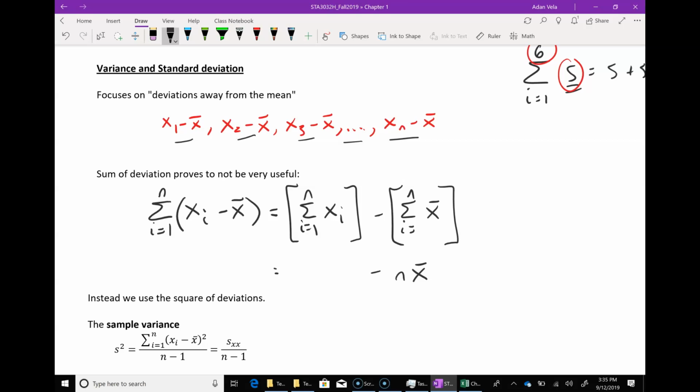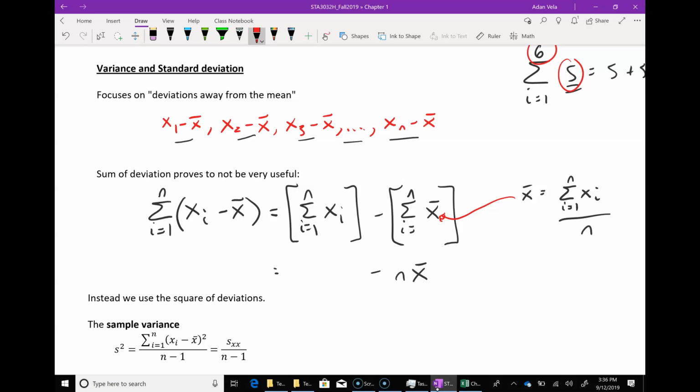I gave a lot of data and calculated the sample mean, and we can remind ourselves what the equation is. It's just adding up all our data points and dividing by n.